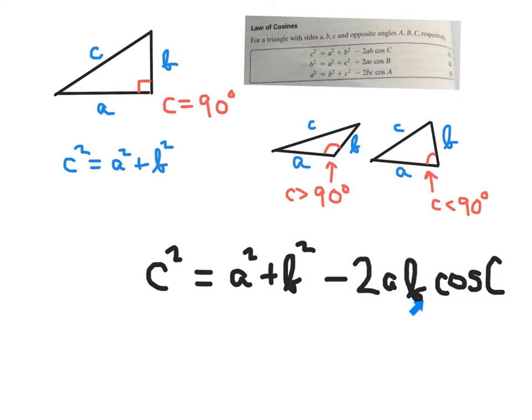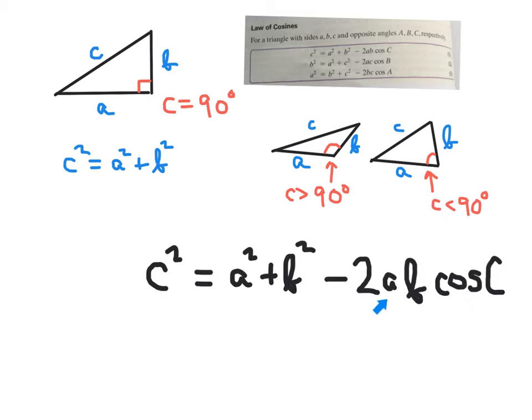Now let's see why this law of cosines kind of makes sense and why this piece right here is what you would call a correction term to the Pythagorean theorem when you are in the special case of a right triangle. So in this case of the acute angle, where the angle C is less than 90 degrees, the cosine of an angle in the first quadrant, less than 90 degrees, is positive.